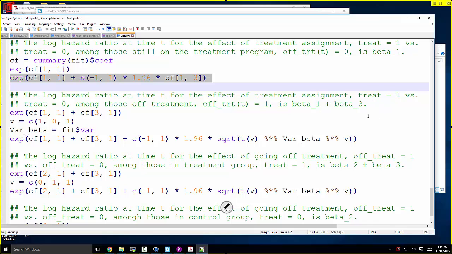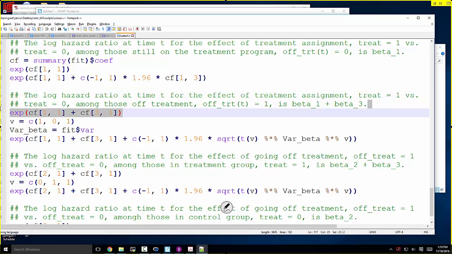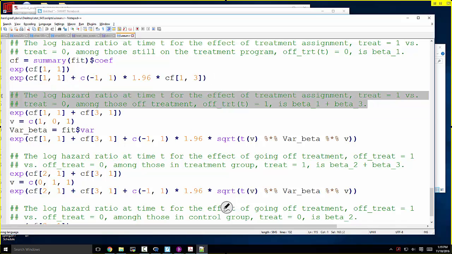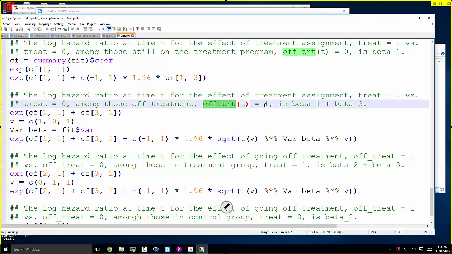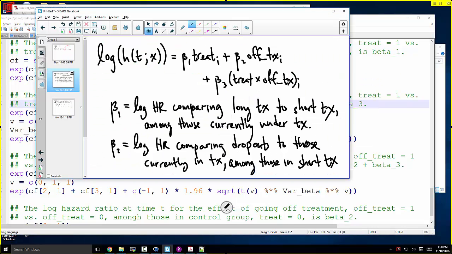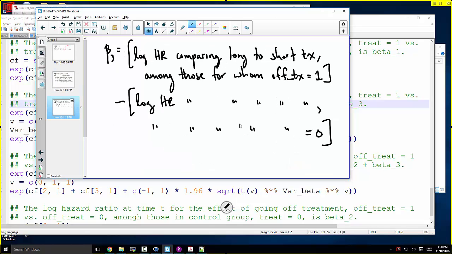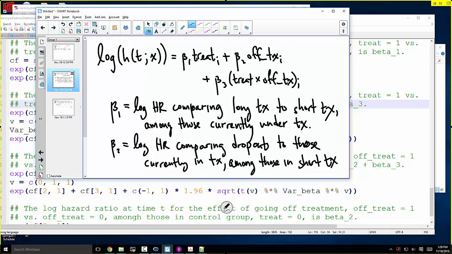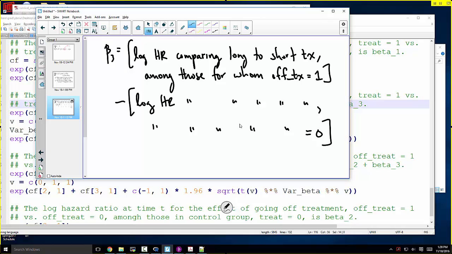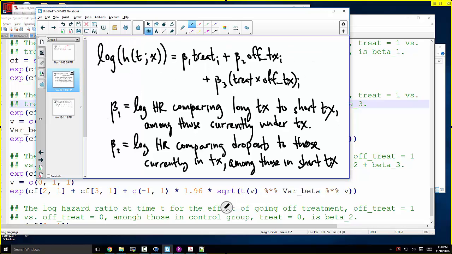Let's compare hazard for treatment equal 1 to treatment equal 0. That's long to short, but now among those who are off treatment. So off treat equal 1. We didn't write it out here, but off treatment equal to 1 would turn on the beta 2 coefficient here.